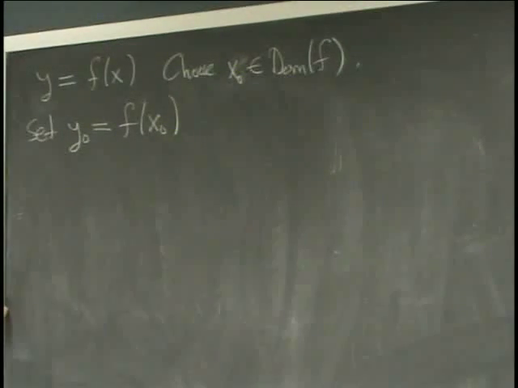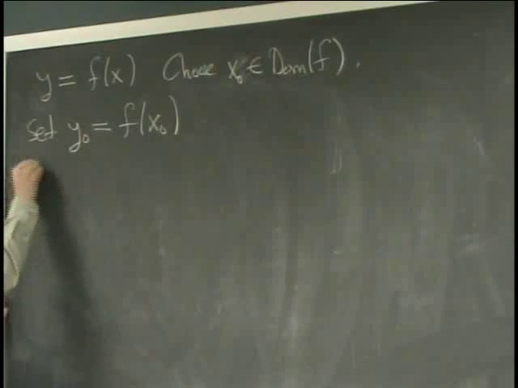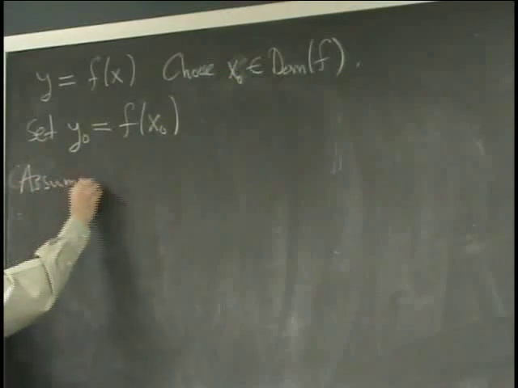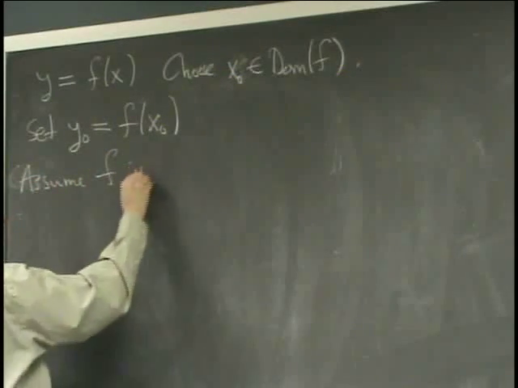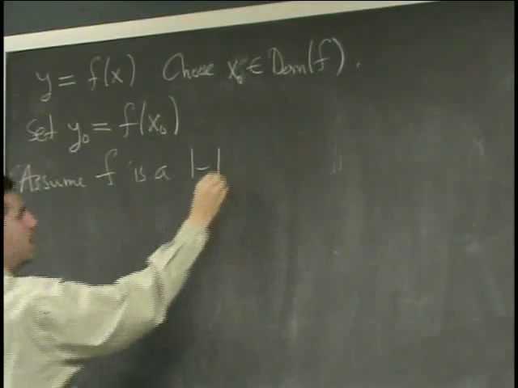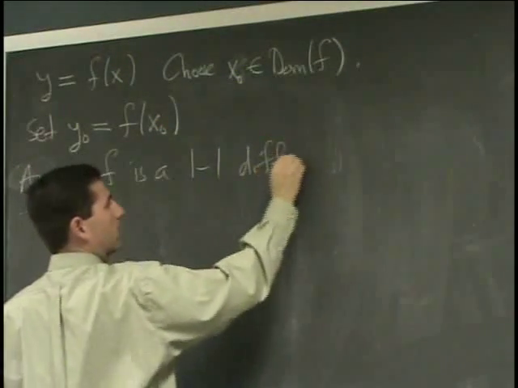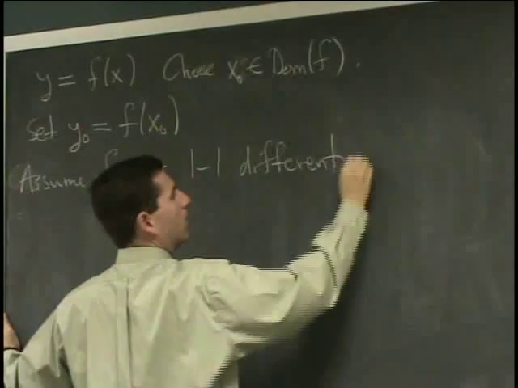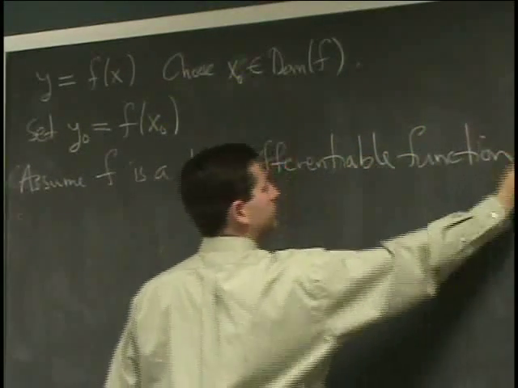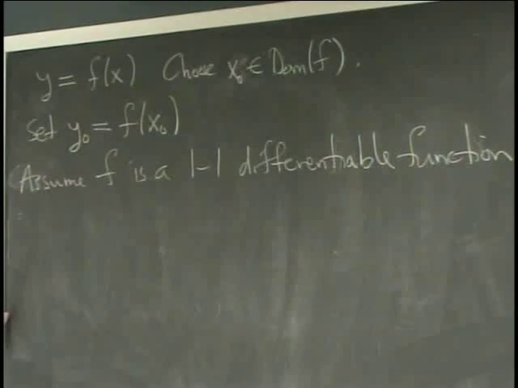Okay? Now, if we translate this into inverse functions, let's assume f is one-to-one, hence a bijection onto its range, differentiable function. Okay, so it has an inverse.